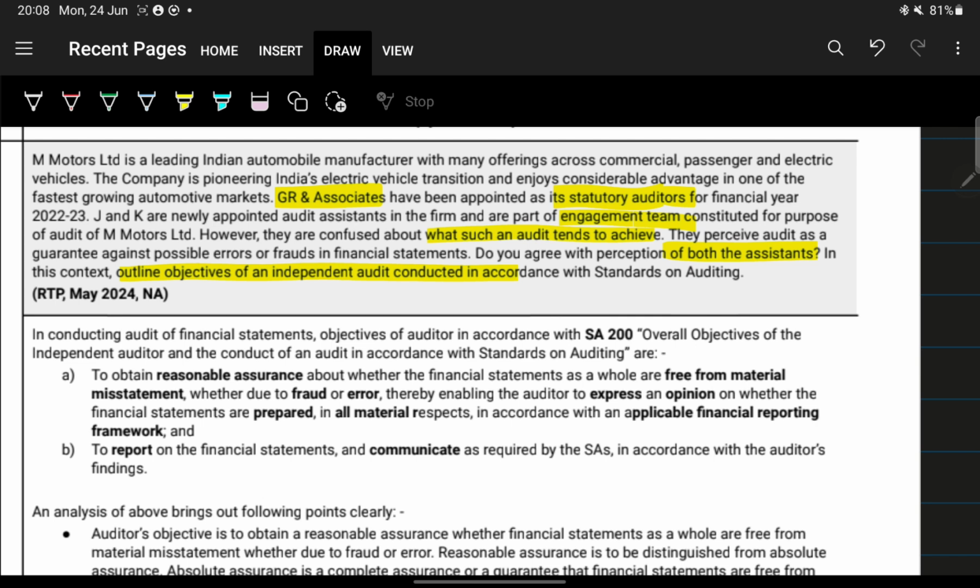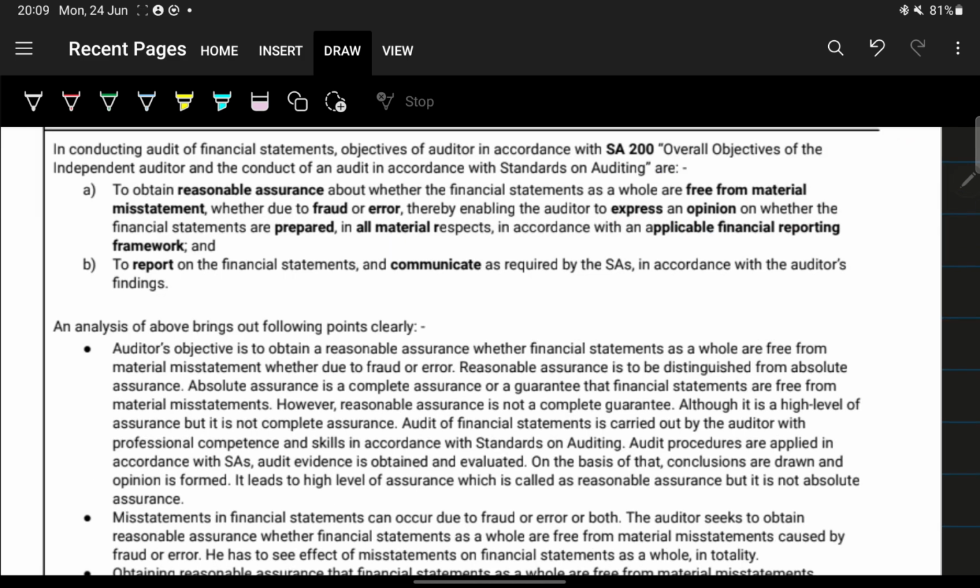Right. So here, basically, they're asking you to comment on what the audit tends to achieve. What the audit tends to achieve is written in SA 200 itself, which is the overall objectives of an independent auditor and the conduct of an audit in accordance with the standards on auditing.